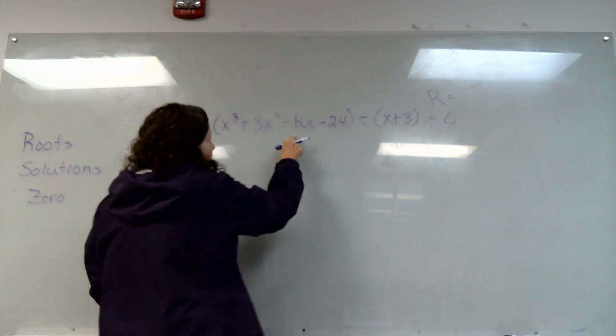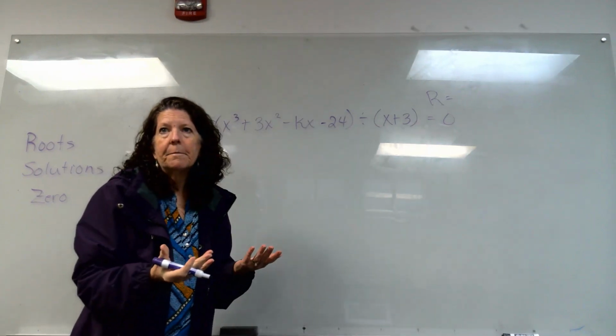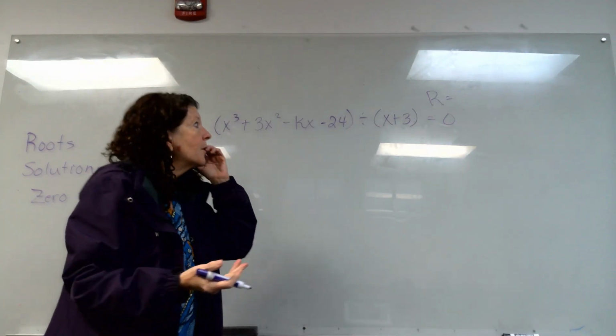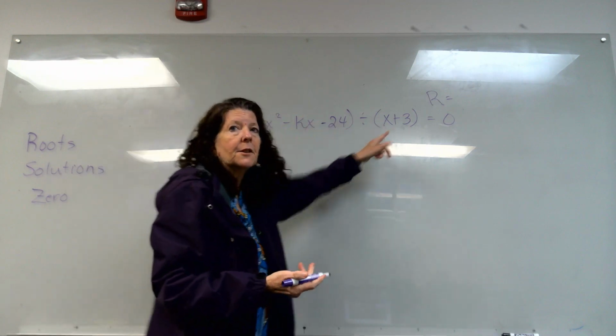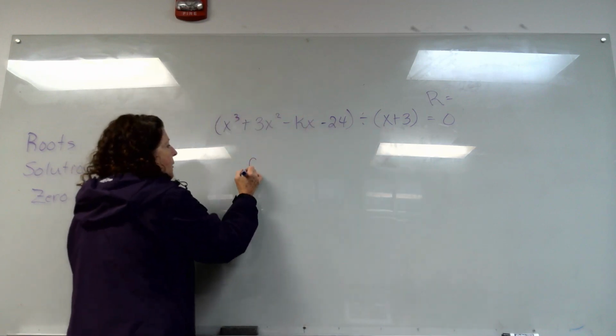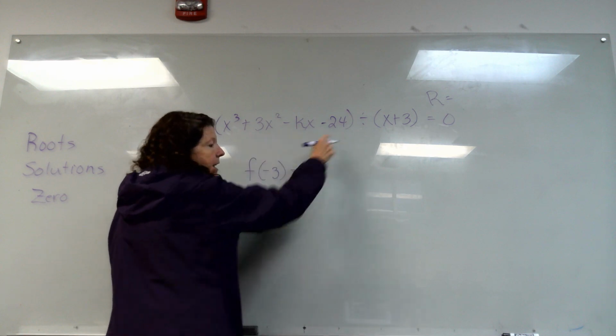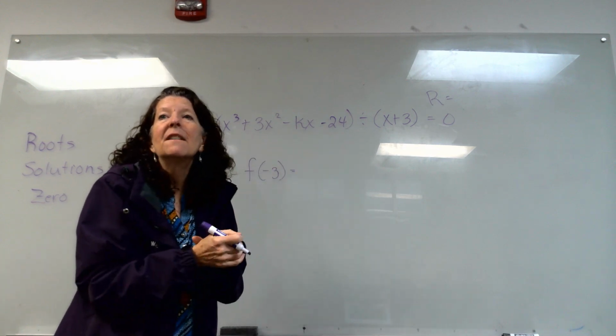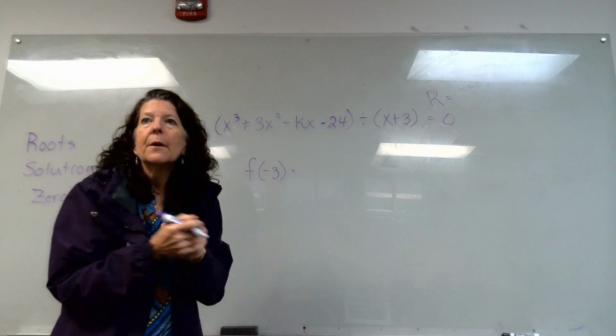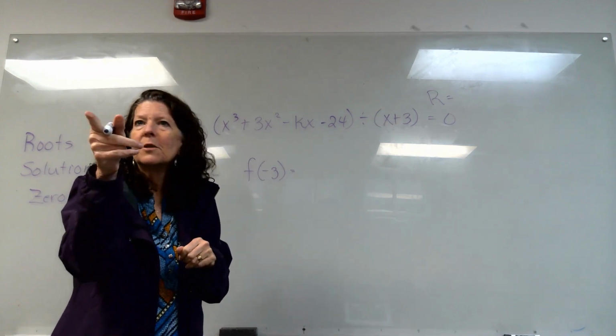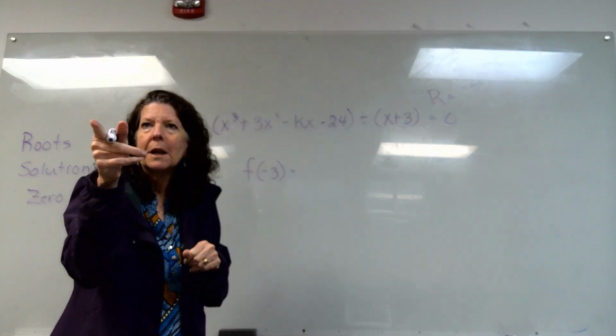Now, there's a couple unknowns here, right? But remember, for that to be a factor, I have to be able to go f of negative 3, and I plug it into that equation, and it's going to have to give me 0. That's how I know it's going to be a factor. That's what you've been doing on your calculator when you use the store button.